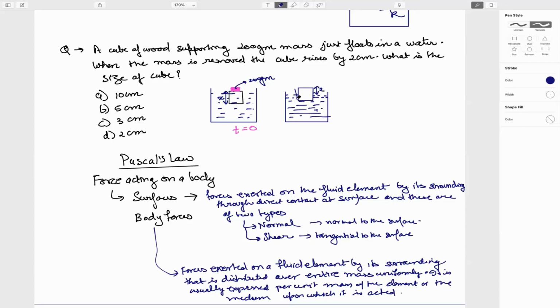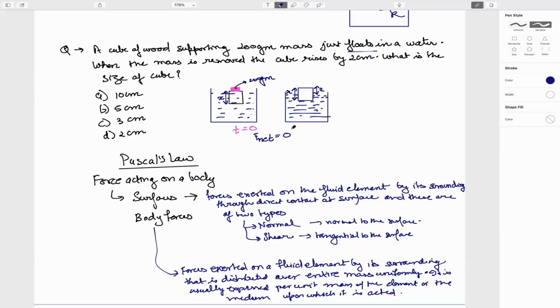This complete length we have taken to be x. This 2 centimeter rises above the liquid. The important thing is it is floating. So in both the cases, F net is 0 according to the law of flotation. It is in equilibrium. So in the first case, let's make a free body diagram.